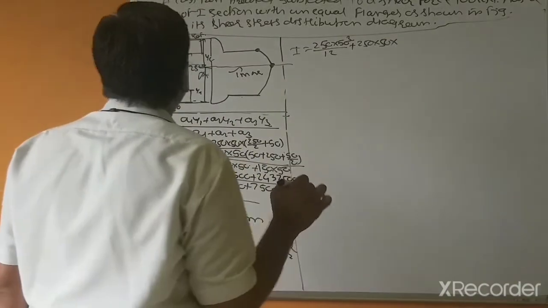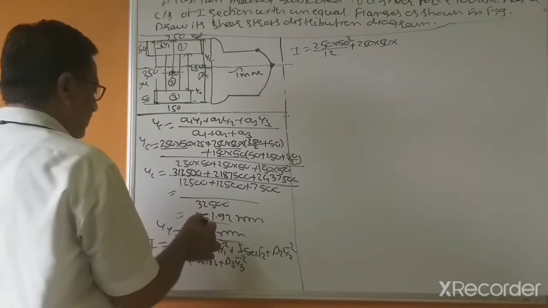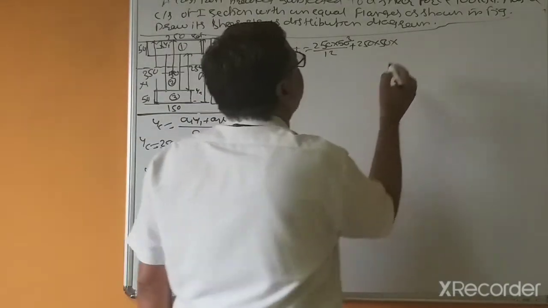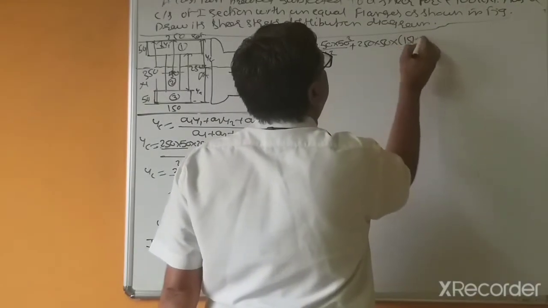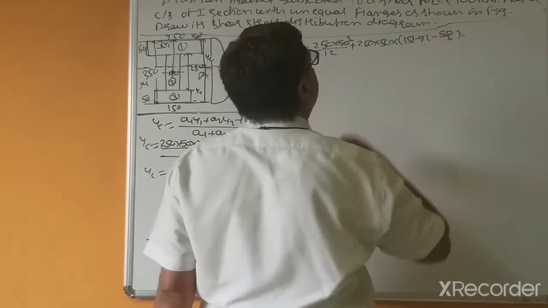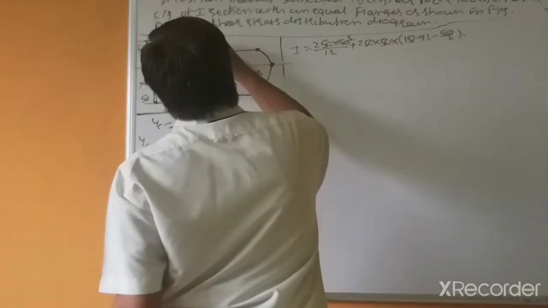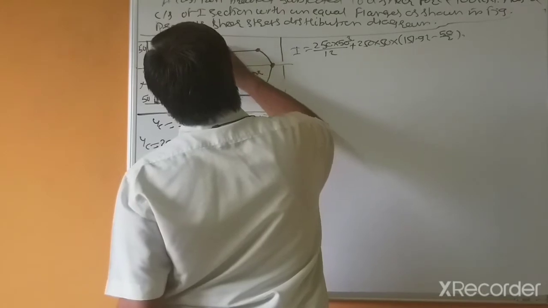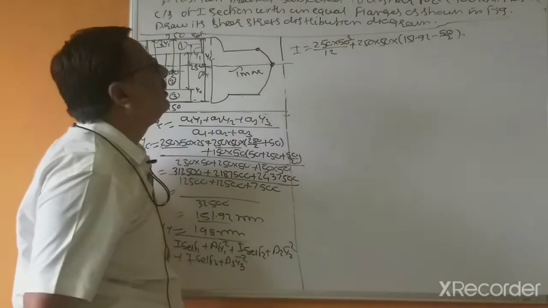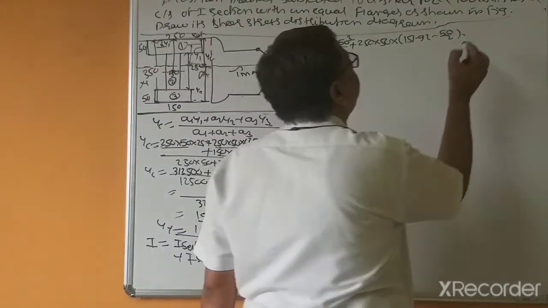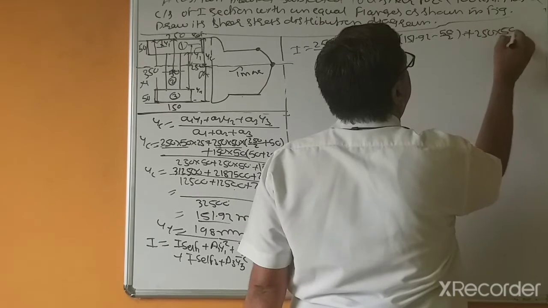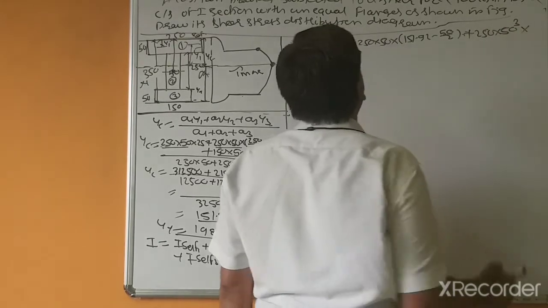Now centroidal distance, so this is 151.92 minus 50 divided by 2, because this distance is Y1 bar.